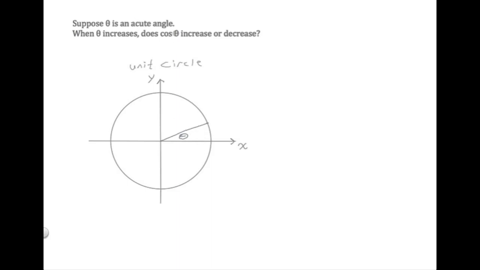And then what happens when we increase theta? Well, if we increase theta, doesn't that mean that we're going to move in this direction on the unit circle? For example, we might move from here to here. And remember that the x-coordinate of this point is the cosine, and the y-coordinate of this point is the sine. Well, if we increase theta, doesn't that mean we're going to move to a smaller x-coordinate?